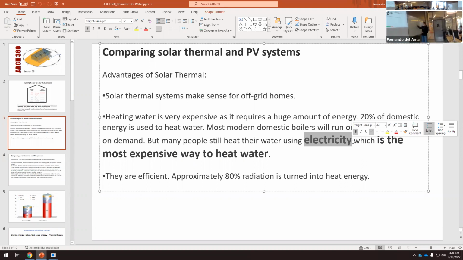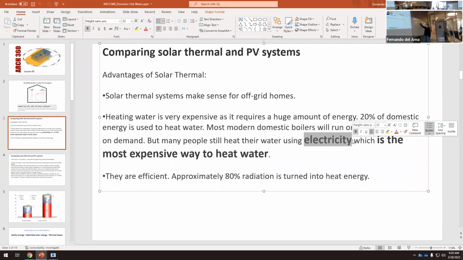If we need hot water, what can we do? If we have a solar collector, we make the most of the sun, and we generate hot water. This is for free.